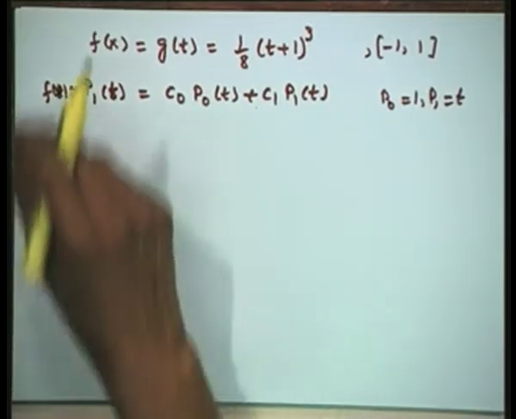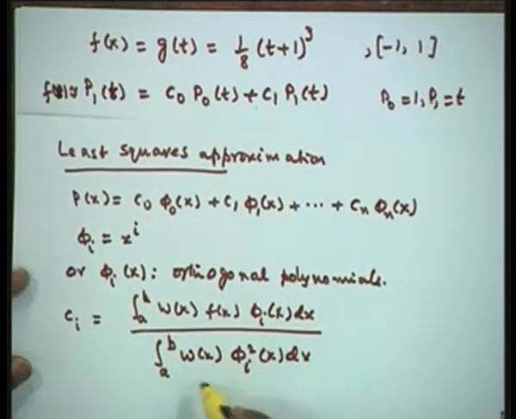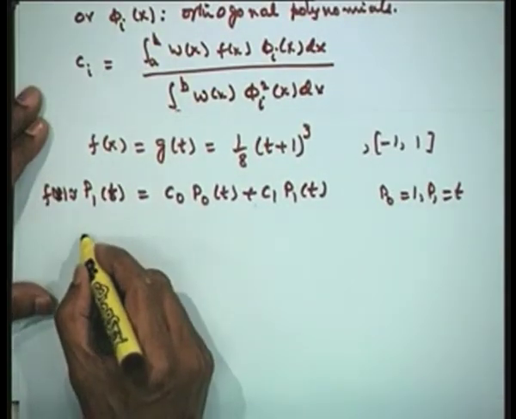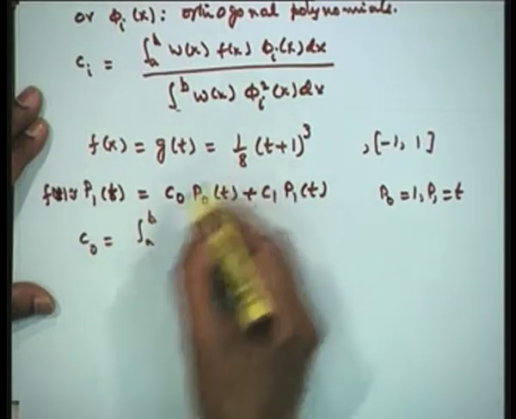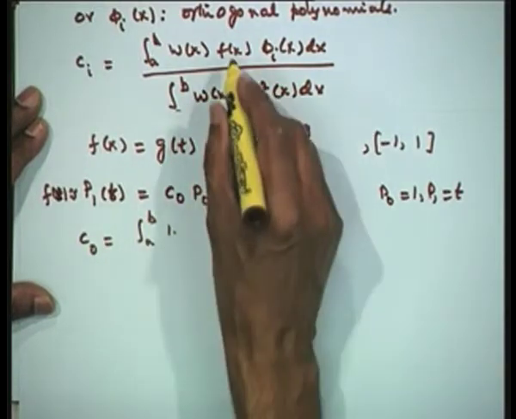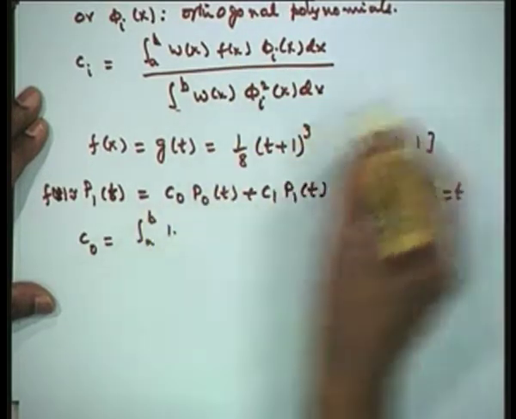Now, we have derived earlier that in the case of orthogonal polynomials, the values of the constants can be directly written down. So, I can use this by putting i equal to 0 and so on, and find the values of these parameters. Let us substitute it here. I will have c0 equal to the integral a to b, weight function is 1, our variable is t now. Sorry, I will replace the limits in the next step.